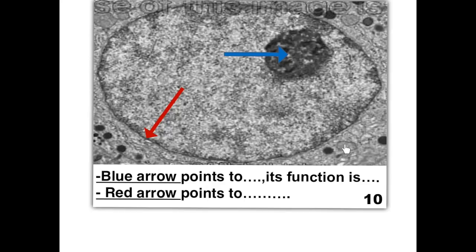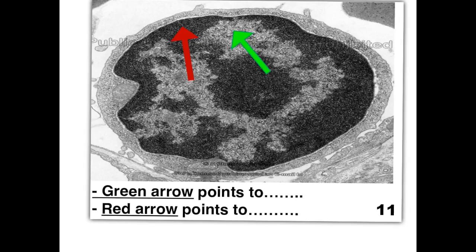Of course, you can see some mitochondria in the cytoplasm outside, as well as lysosome. Green arrow points to euchromatin, red arrow points to heterochromatin. If you are asked what is the type of this nucleus, it is a heterochromatic nucleus because it contains a lot of heterochromatin and the nucleolus is not evident.